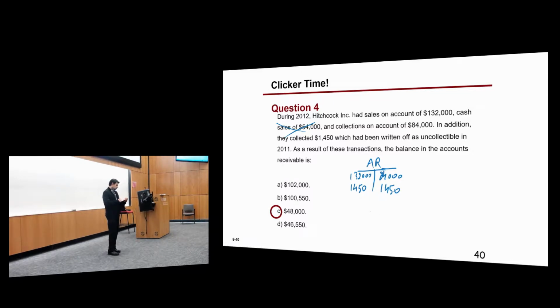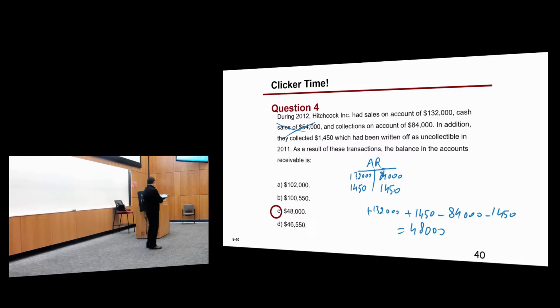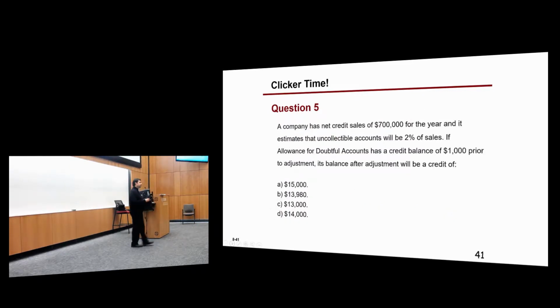The debit side would be a plus, so it's plus 132,000 plus 1,450 minus 84,000 minus 1,450. That will be 48,000. Any questions? Okay, so it is actually A.